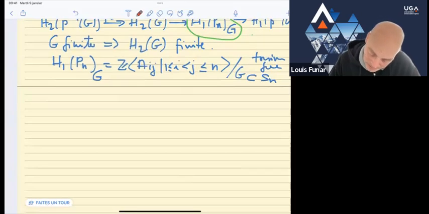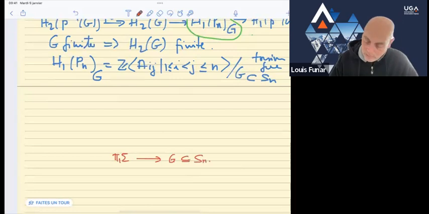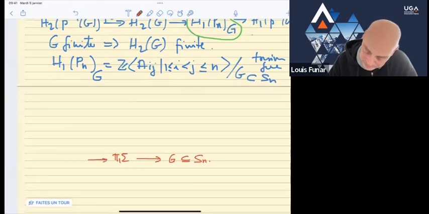I have a map from pi1 of sigma into some group G into Sn, and now what you know is that you have some stabilization.